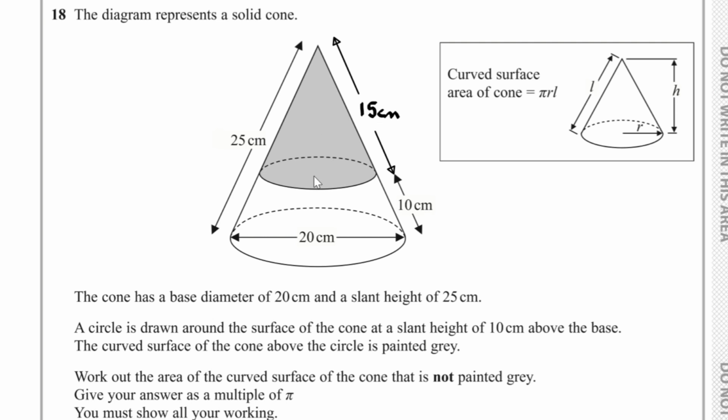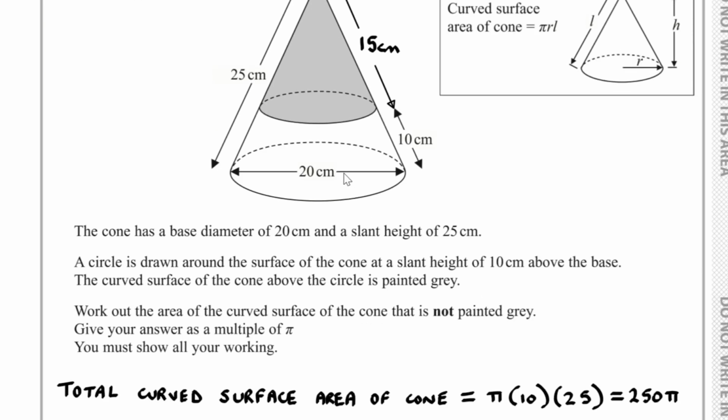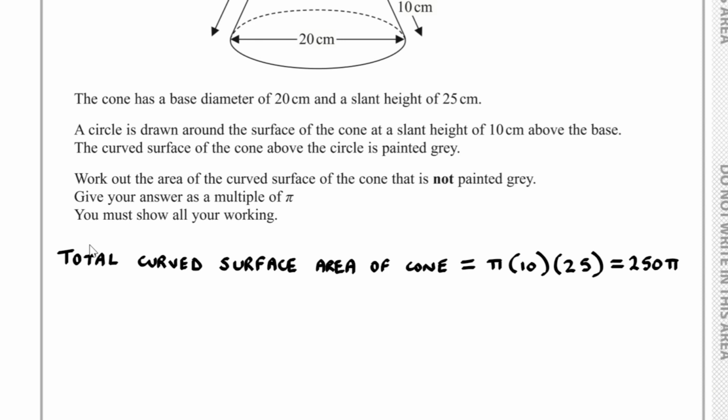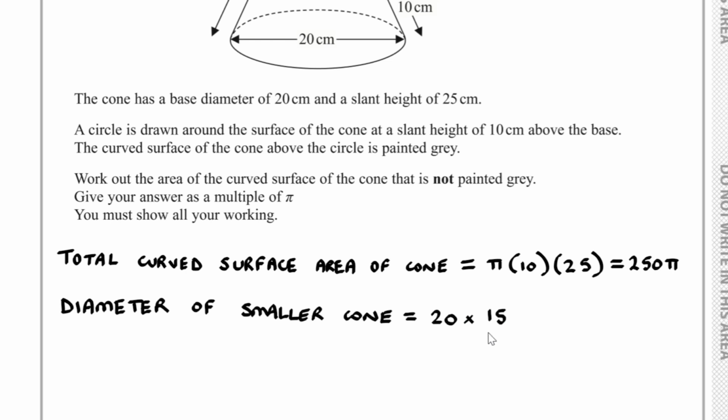And what we can do is use similar shapes to find out the diameter of the base of the cone. Well, let's just write this down. The diameter of the smaller cone then, we've got 20 multiplied by the scale factor, which is 15 over 25.